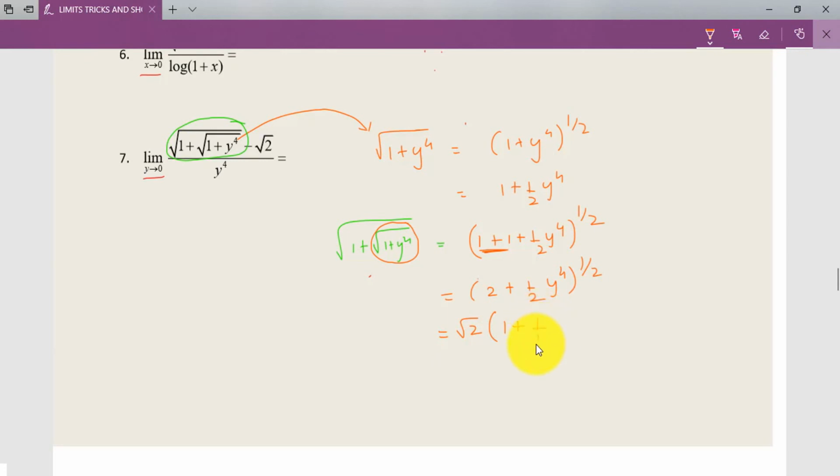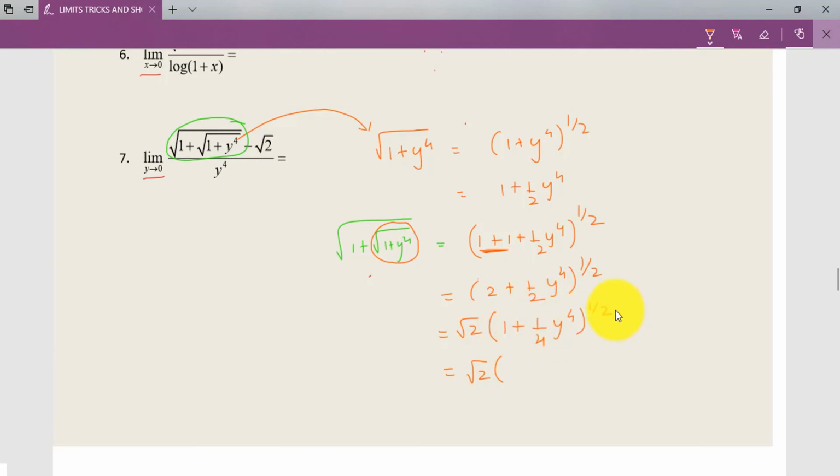If you multiply inside again, it becomes 1 by 2, because this square root of 2 gets cancelled, it gets squared and becomes 2, and 2 divided by 4 gives you the same expression. So y power 4 is raised to 1 divided by 2, which is of the form 1 plus x raised to n.